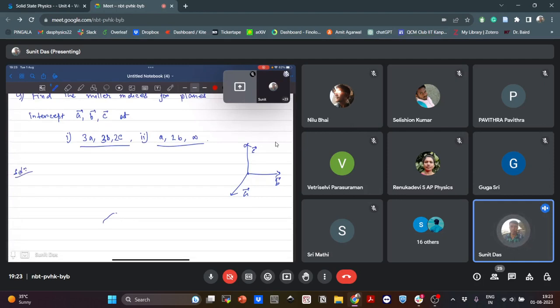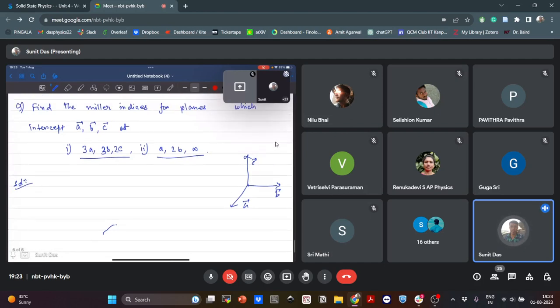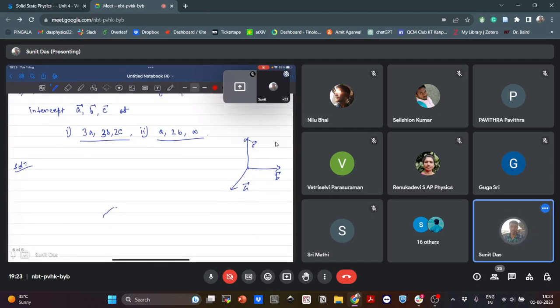The first problem, the plane intersects these coordinates at, let's say, 3A, 3B, and 2C. So the plane is somewhat like this one.